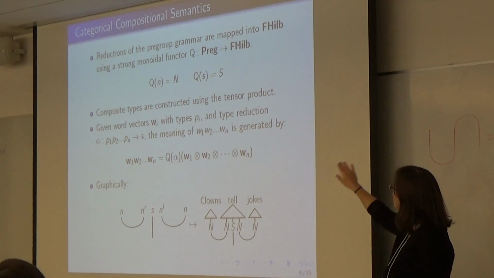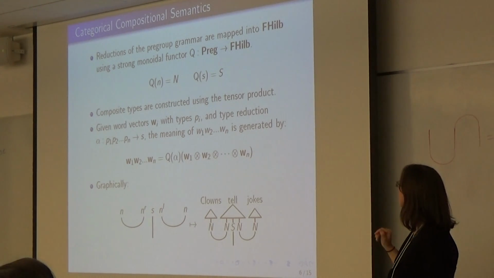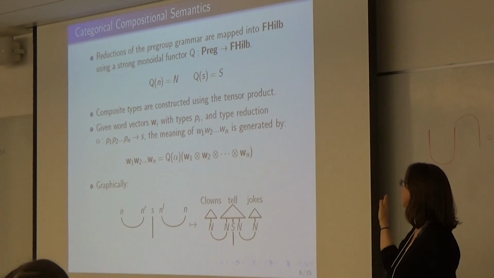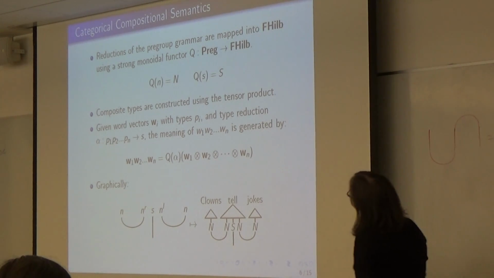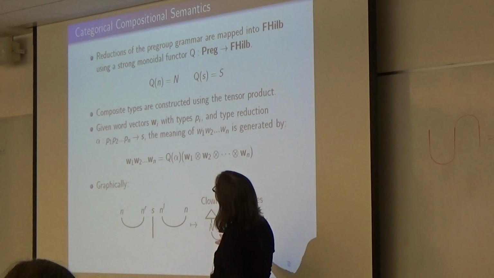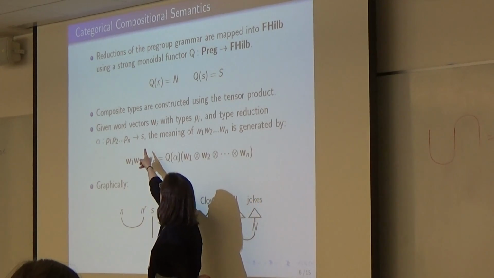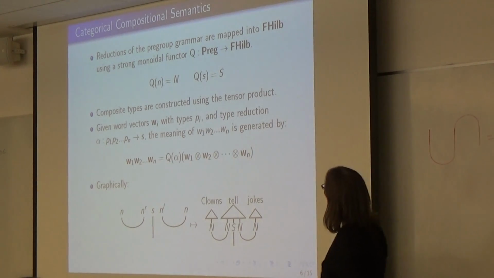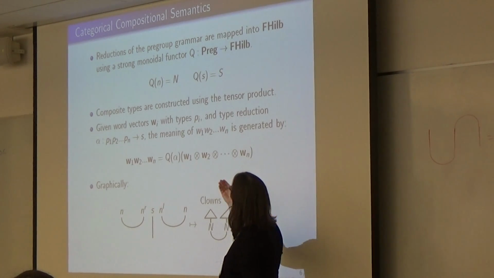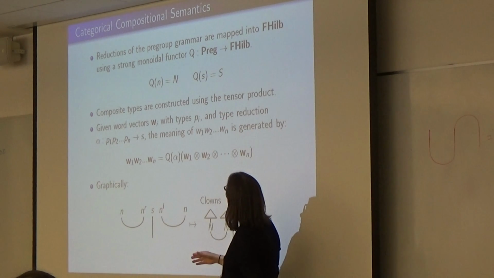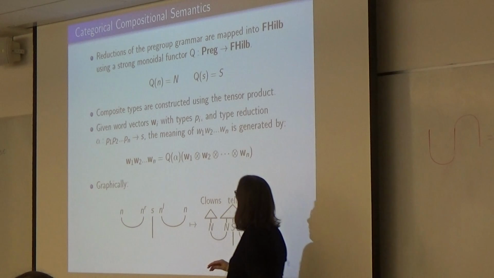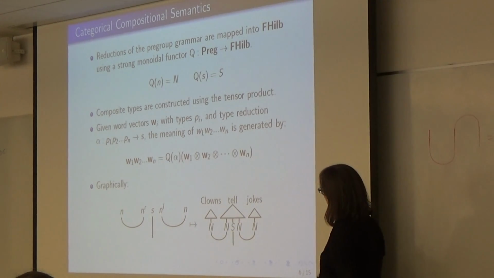Again, composite types are then constructed using the tensor product. Then given a set of word vectors with particular types and a type reduction that maps to the sentence type, i.e. you've got a grammatical sentence reduction, the meaning of a sentence in this sentence space is given by the mapping to the vector space.